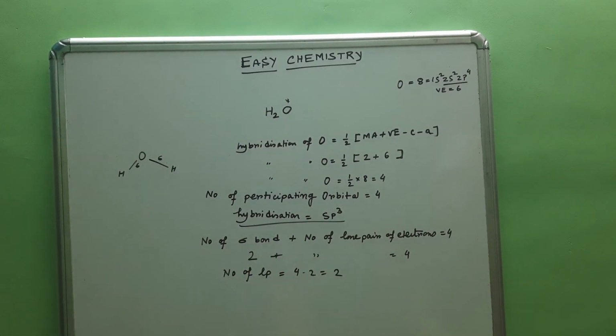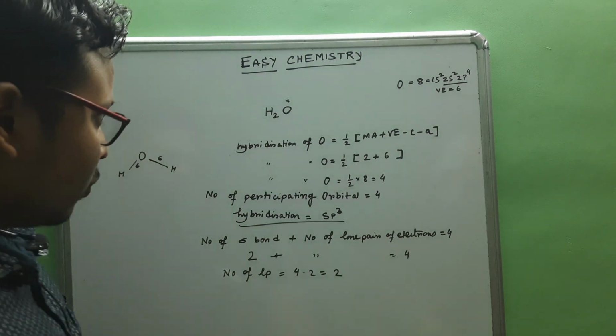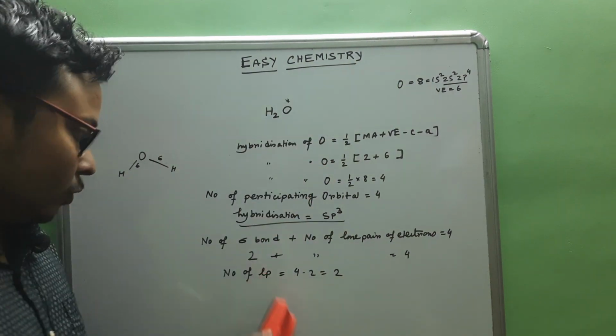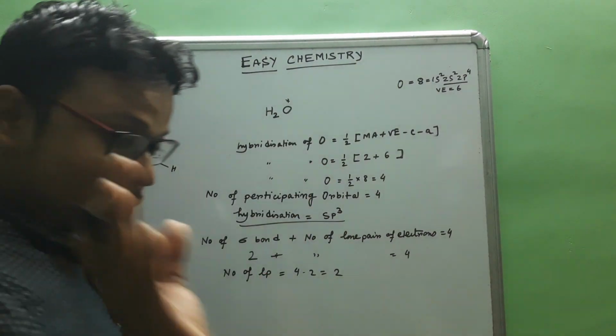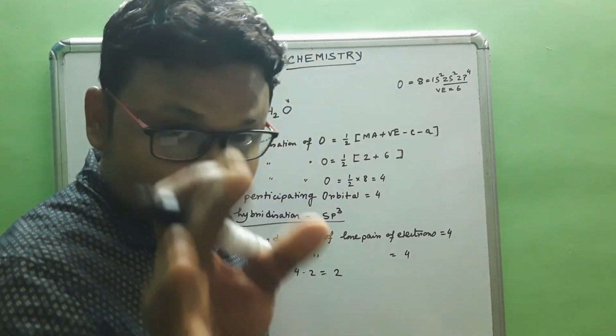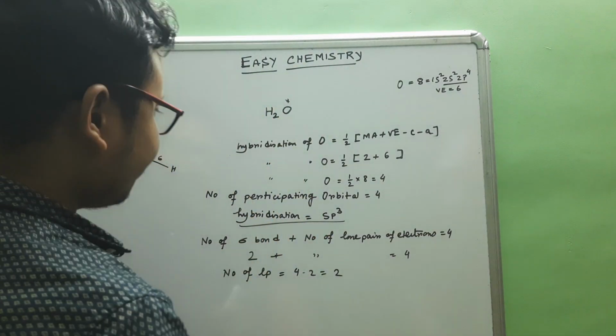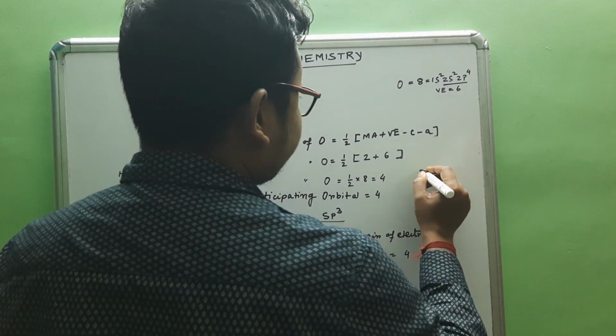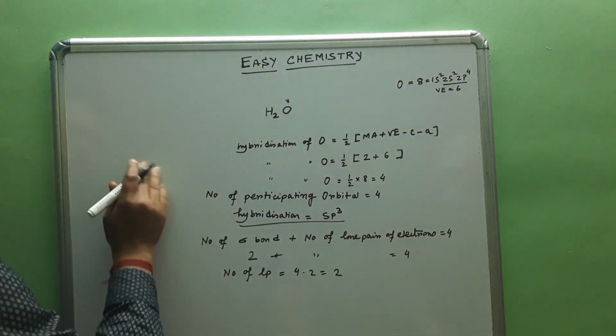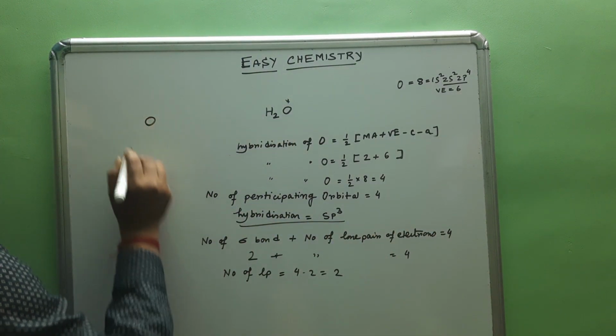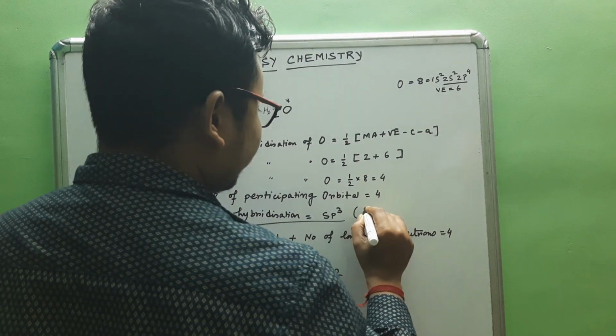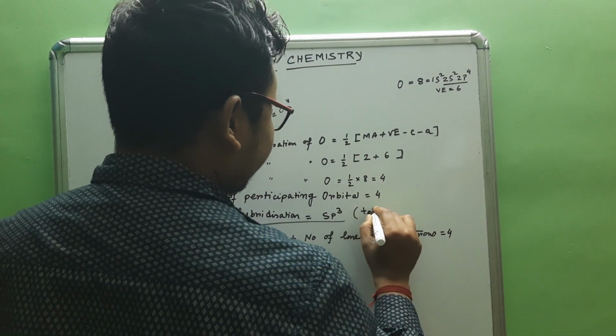So we can deduce the number of lone pairs of H2O, which are in control of oxygen. So these two lone pairs of electrons, that means the 4 electrons, are the property of oxygen. So what will be the structure? So sp3, that means it should be tetrahedral.